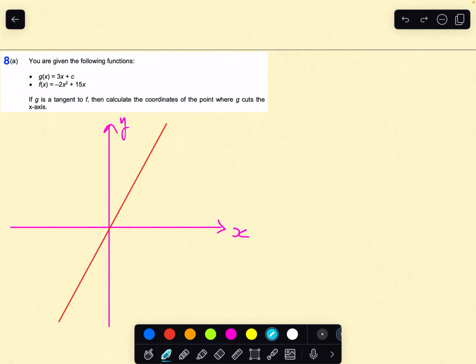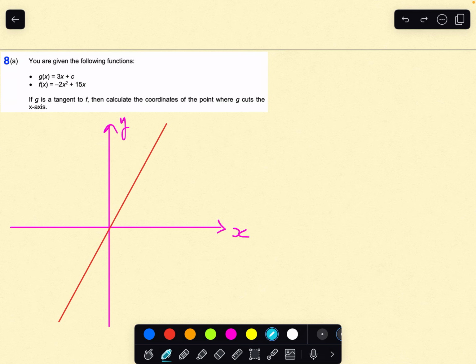Well, we can quickly work out the x-coordinate of the turning point, which is given by minus b over 2a. In this case, our b is 15, and our a is negative 2. So we replace it with negative 2 there.